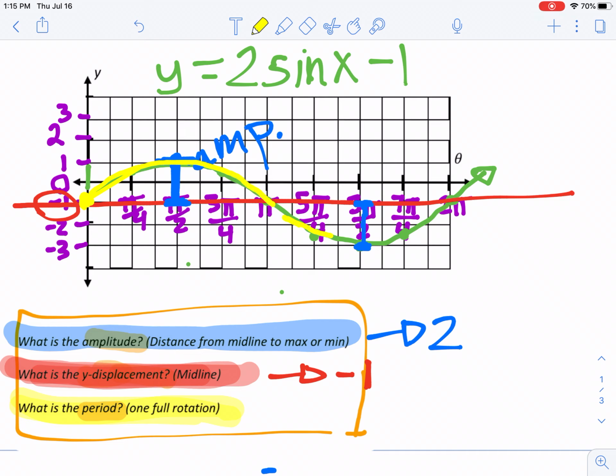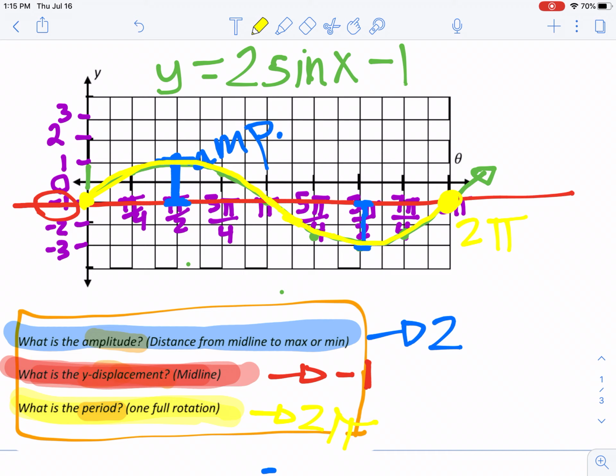Then if I continue, let's fill in that gap, there we go, I have done one full complete rotation. I'm back at where I started, at that midline. The yellow spot is blocking it, but that was at 2 pi. So that means our period is 2 pi.